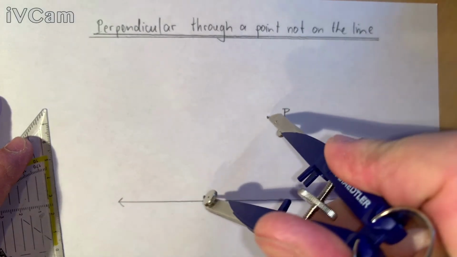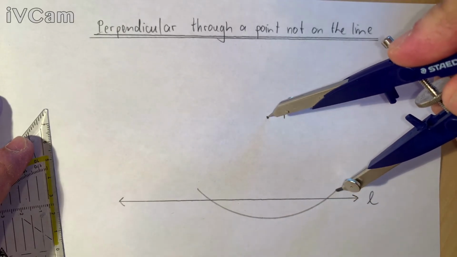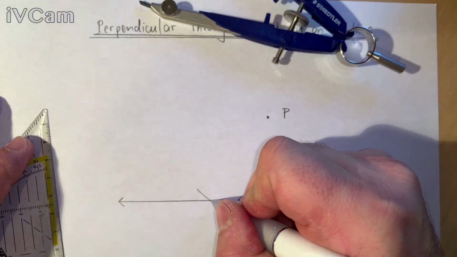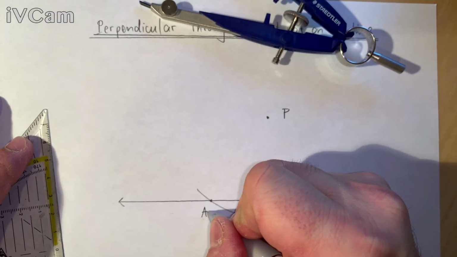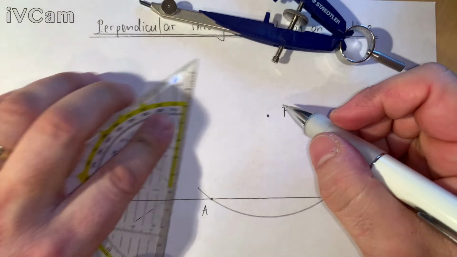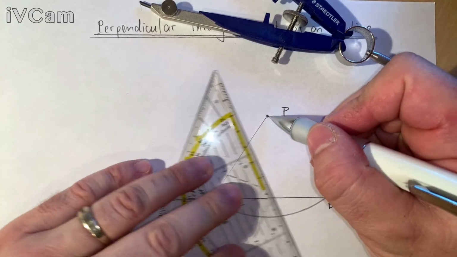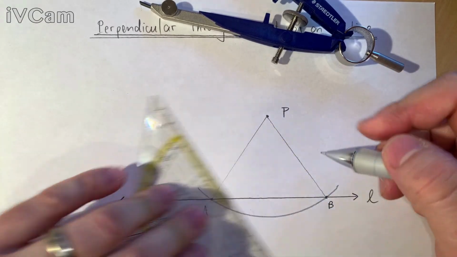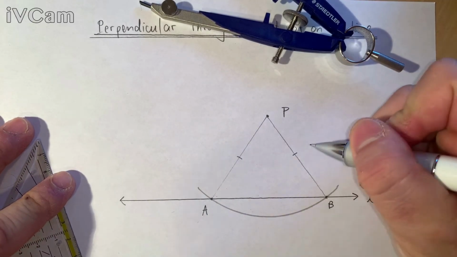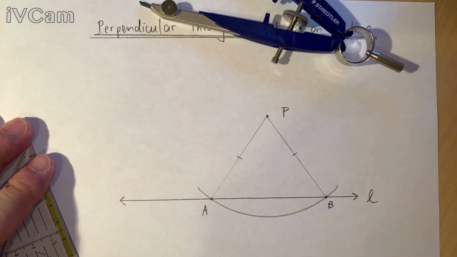So then we want to draw or construct an arc such that it intersects line L at two different points. Let me label the points as A and B, okay? So what do we know so far? Well, since this is a radius and this is a radius, we know that segment AP and BP must be congruent because radii of the same circle are congruent.